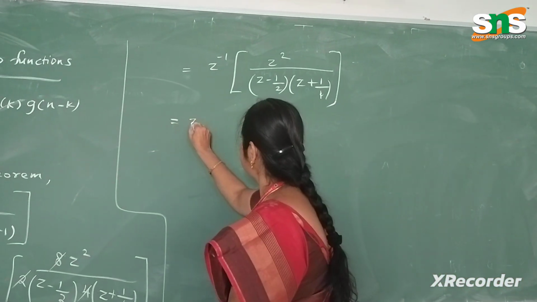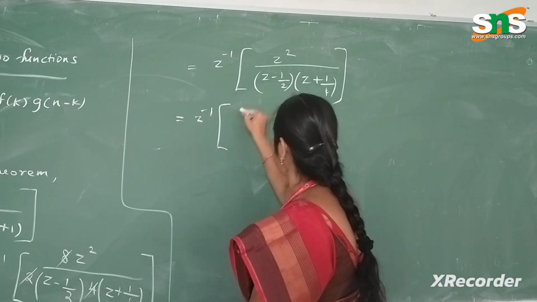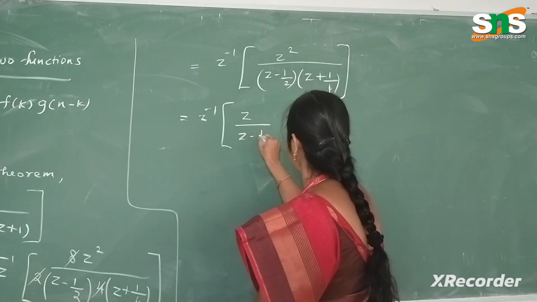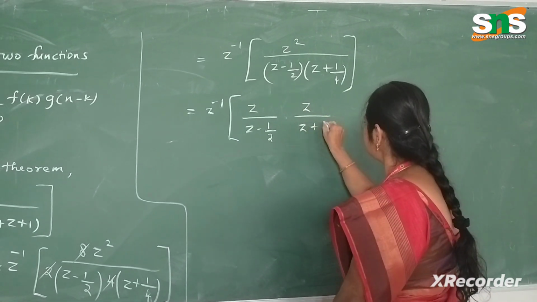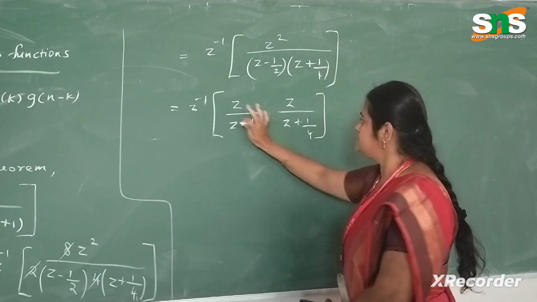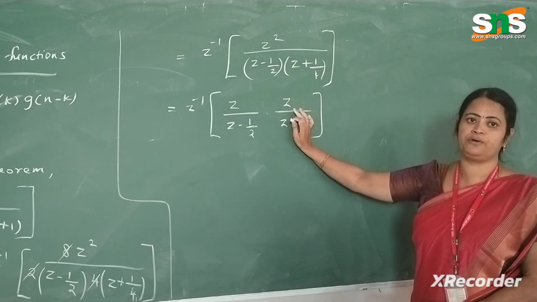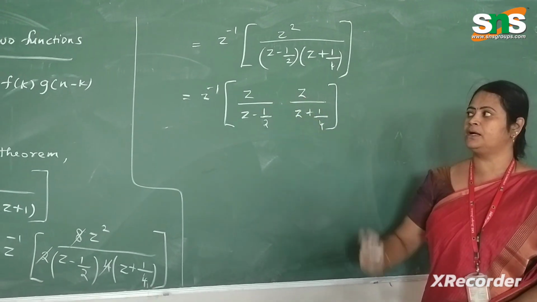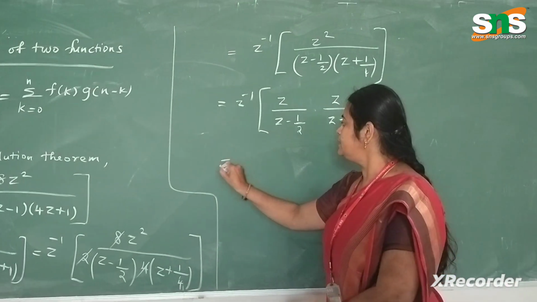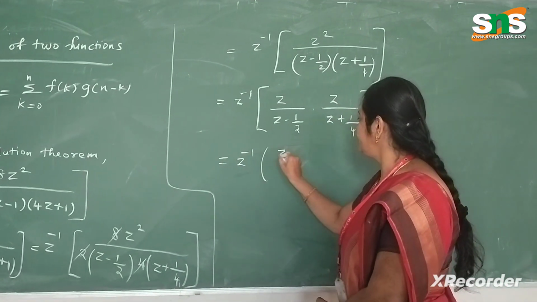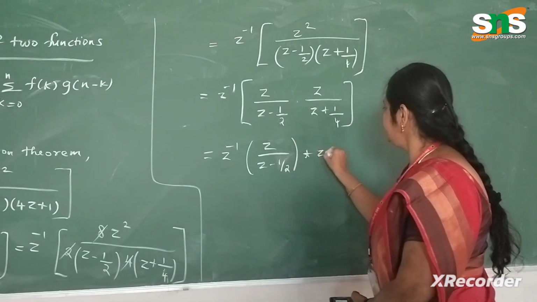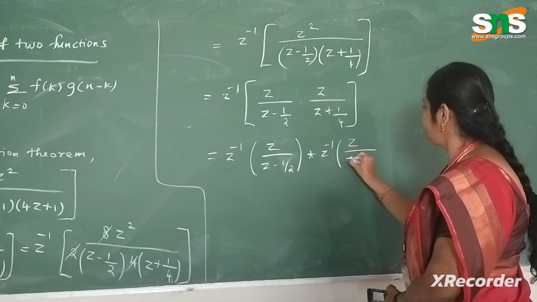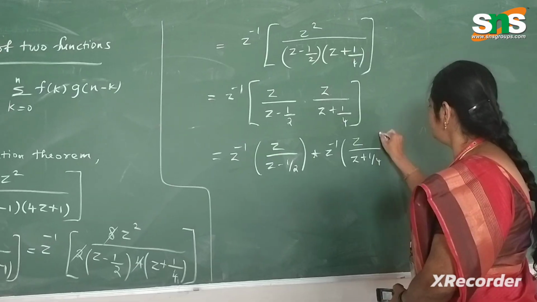So this can be written as z divided by (z minus 1 by 2) into z divided by (z plus 1 by 4). This is our f of n and this is our g of n. Now let us use our convolution formula. So what you get: z inverse of z by (z minus 1 by 2) star z inverse of z divided by (z plus 1 by 4).